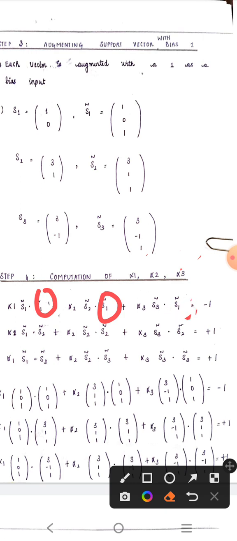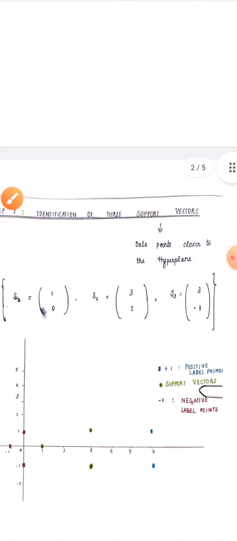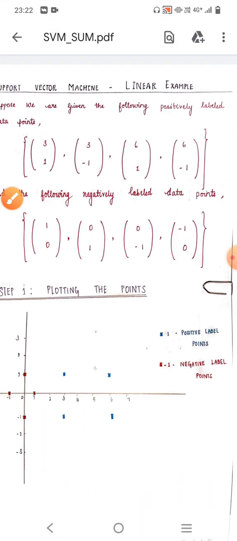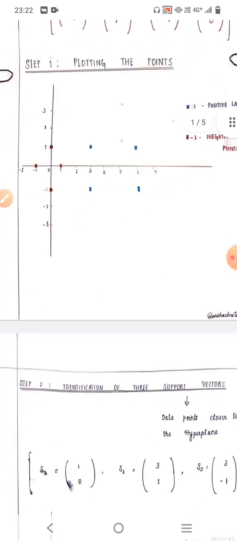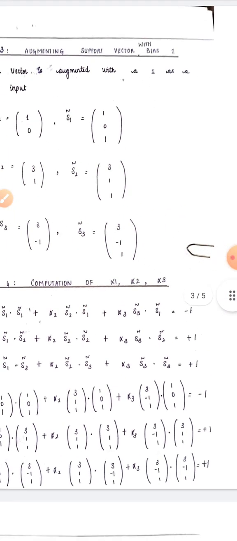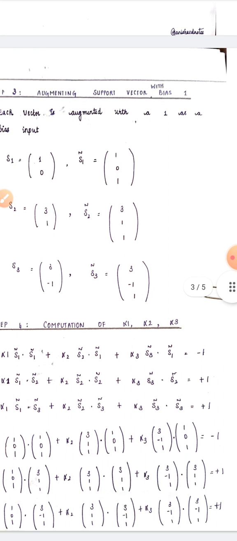The first support vector which we have considered here is (1, 0), and in the given problem, (1, 0) is a negatively labeled data point. So since it is a negatively labeled data point, we are specifying it as equal to minus 1.